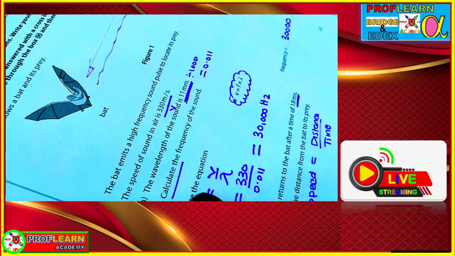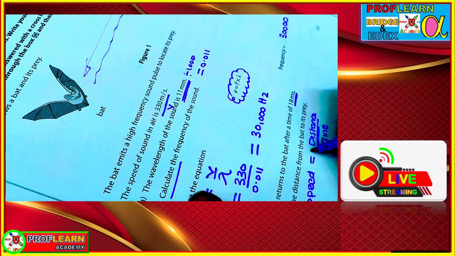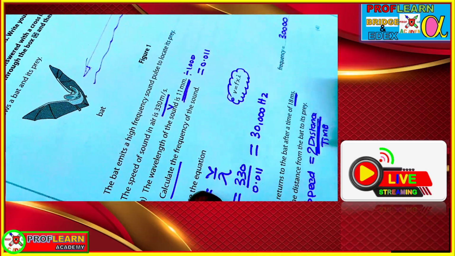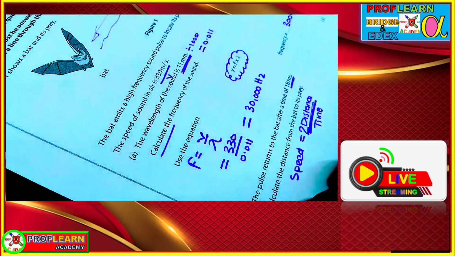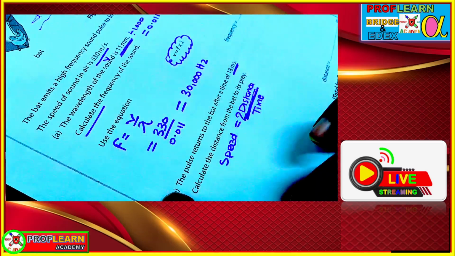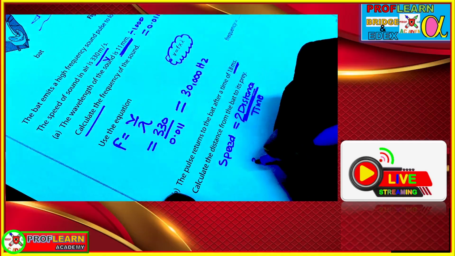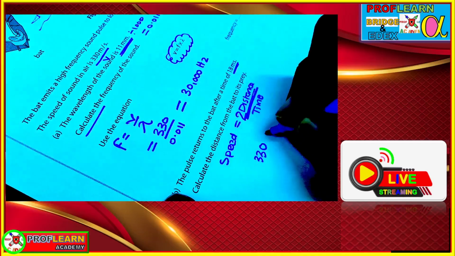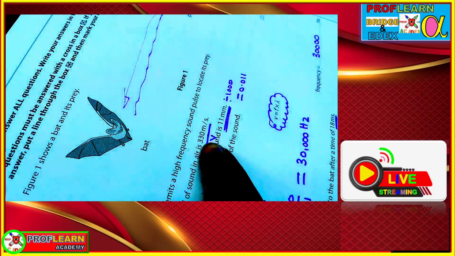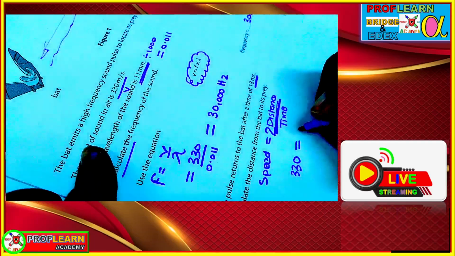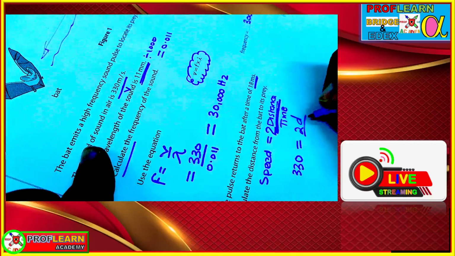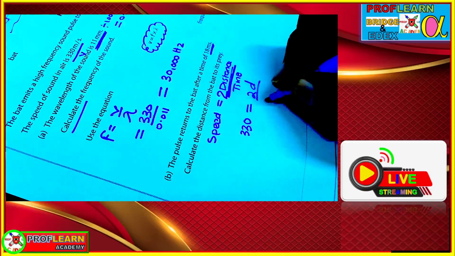So in order for us to work this out, we have to say twice the distance, because the sound will travel and then come back. So that is going to be 330 equals, because the speed was 330 meters per second, twice the distance over the time taken, which is 18 milliseconds.